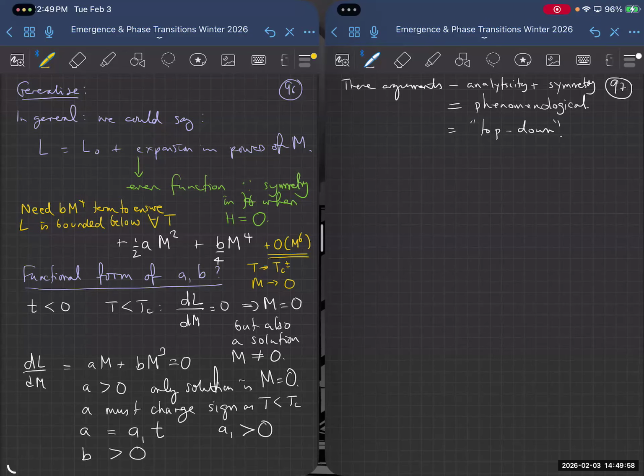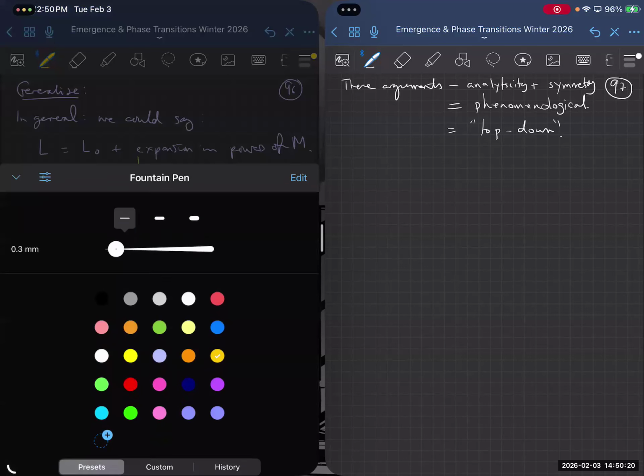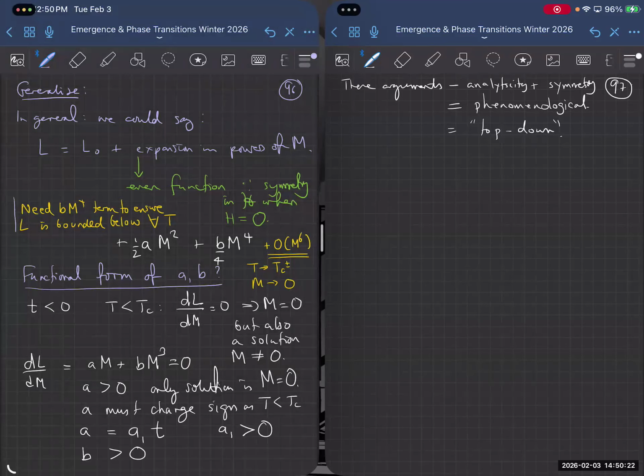If I didn't have the m to the 4th term, and I made the coefficient of m squared, the thing called A, negative, then the system could minimize its free energy by making m go to infinity. And then the free energy would be minus infinity. Well, that's no use to anyone. Okay, we know that's not happening. So we have to have this m to the 4th term, and that's why that's the lowest order that we can do in the expansion.